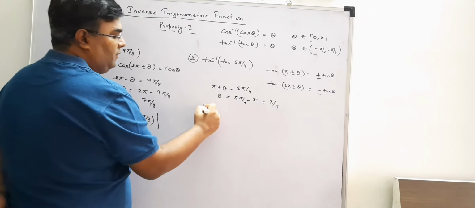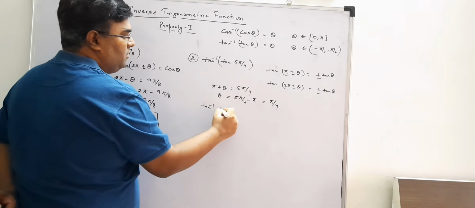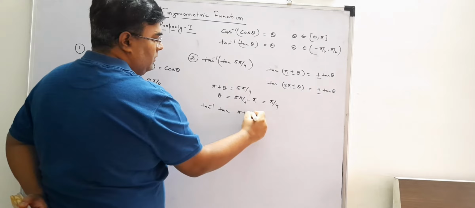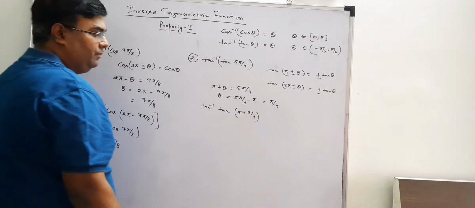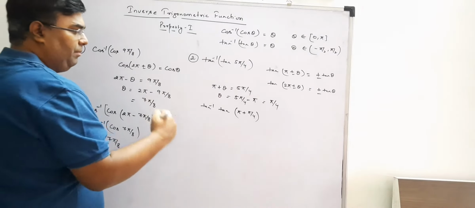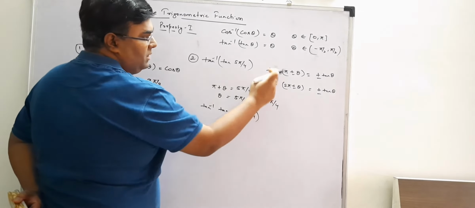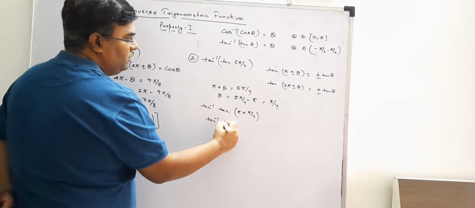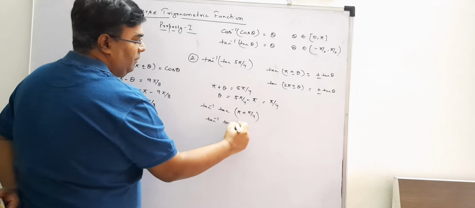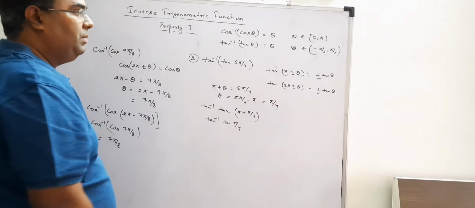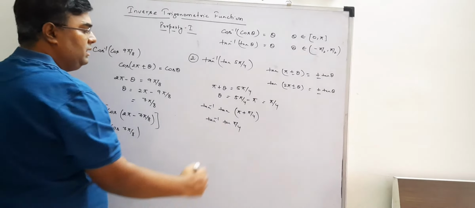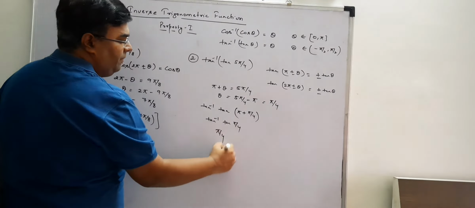So we can say tan inverse tan of pi plus pi by 4. This is 5 pi by 4. Now tan of pi plus theta is plus tan theta, so tan inverse tan pi by 4. Now this pi by 4 is in the range of minus pi by 2 to pi by 2. Hence my answer will be pi by 4.